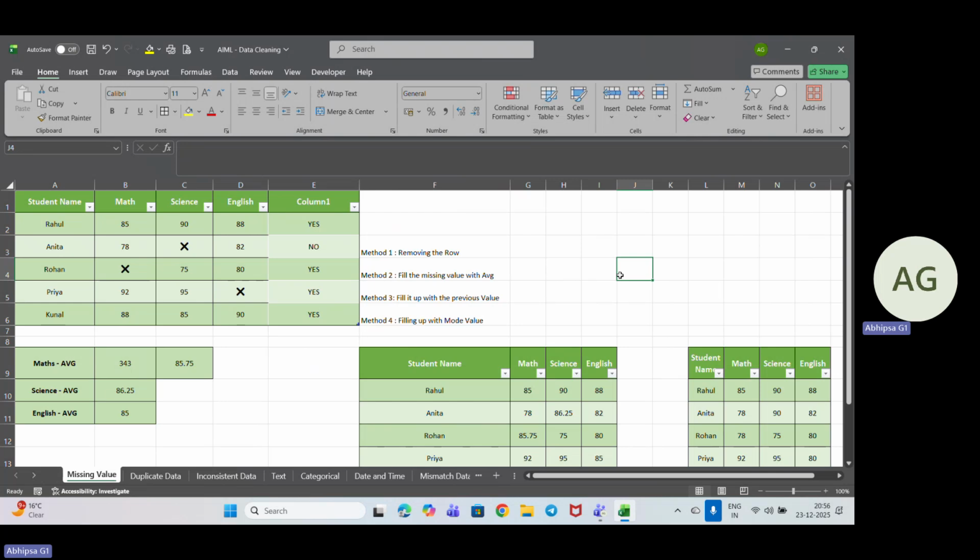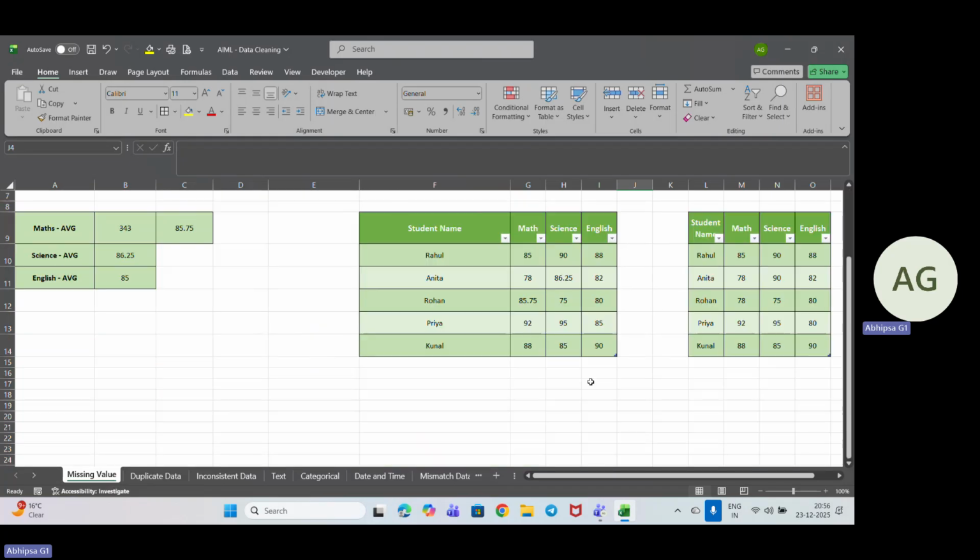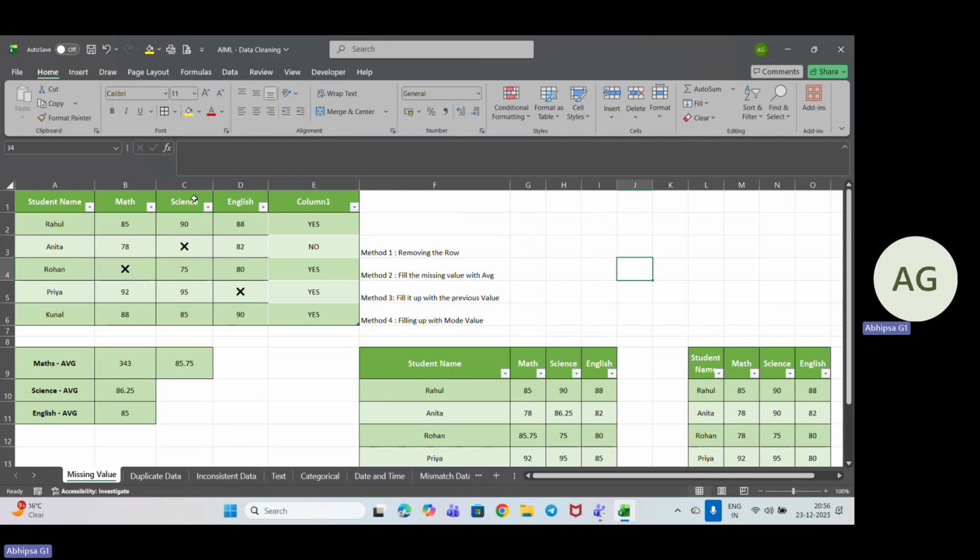This we can do for values like marks, where it is the appropriate option. In case of columns like marks and salary, we can definitely fill with the average value, that is the mean value.